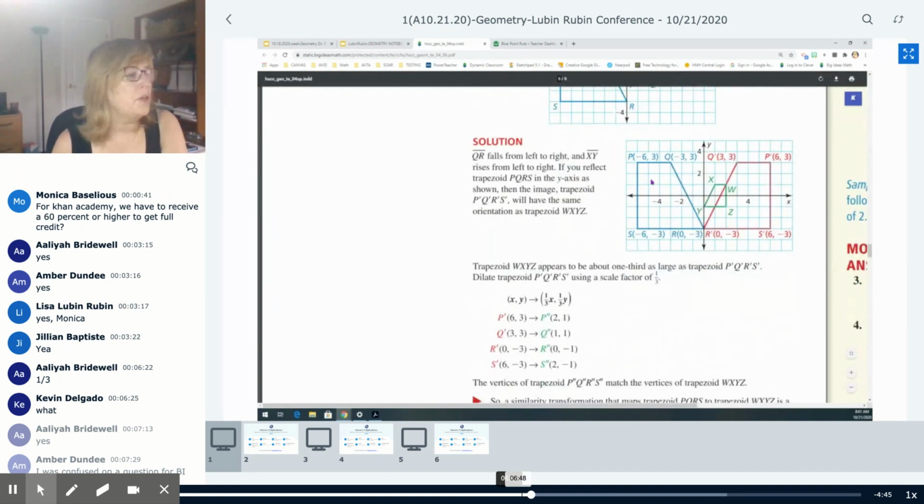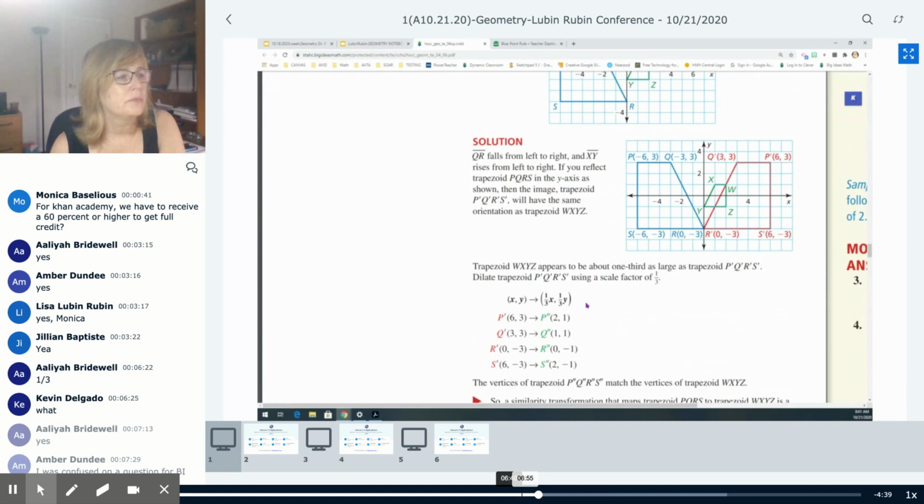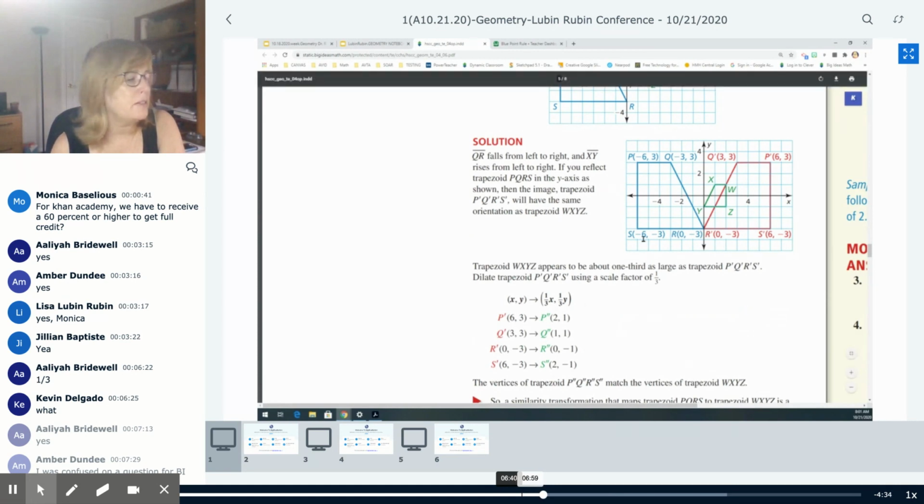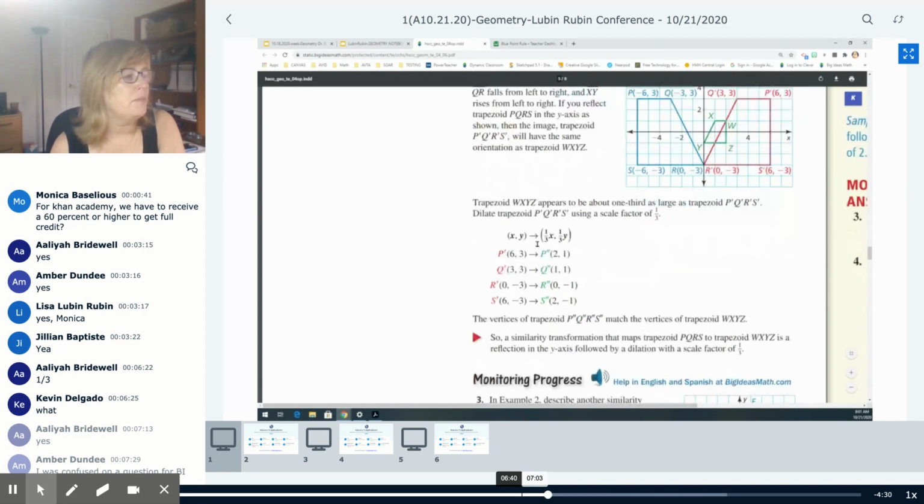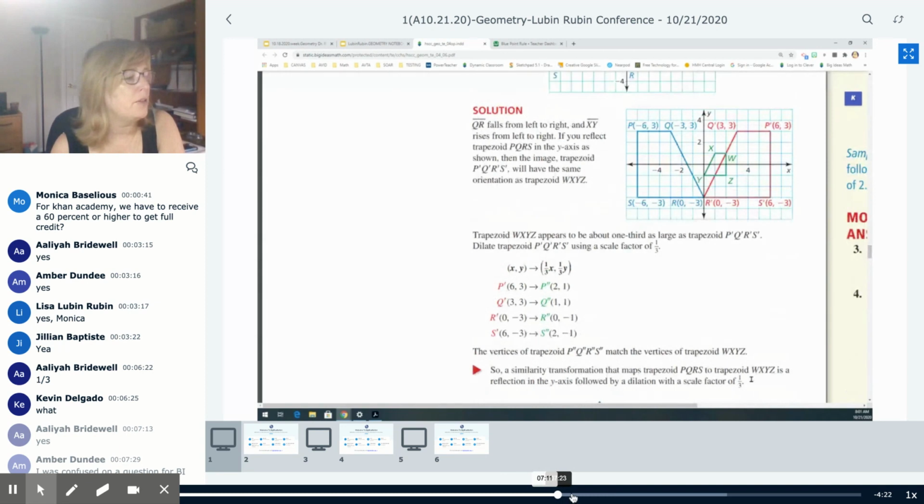Okay, so it is a dilation of 1/3. Okay, it is a reflection in the y-axis. So 6, 3 becomes 2, 1. All right, does that make sense? We multiplied everything by 1/3.